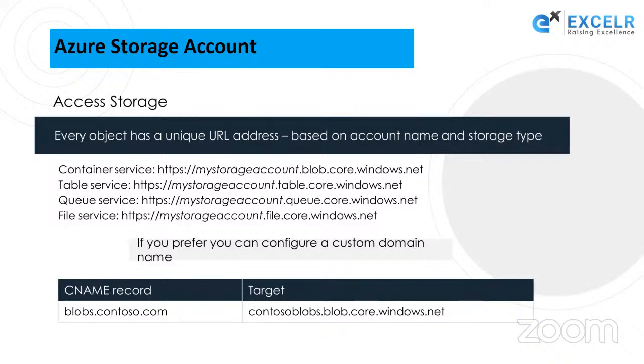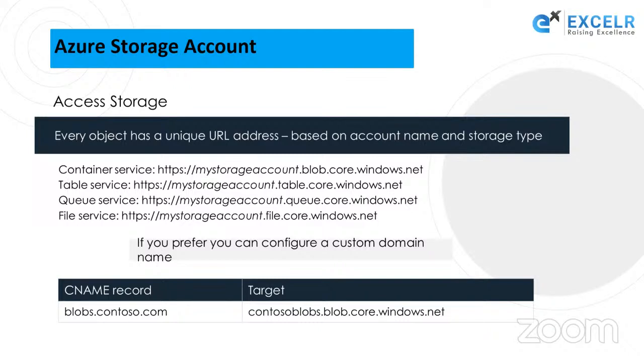Now, whatever URL you are getting for your storage accounts, you can also convert into a customized domain by using the CNAME record. That is the concept of DNS, which we can use to have a customized URL for it.